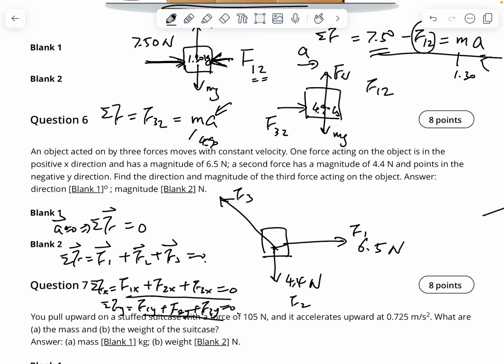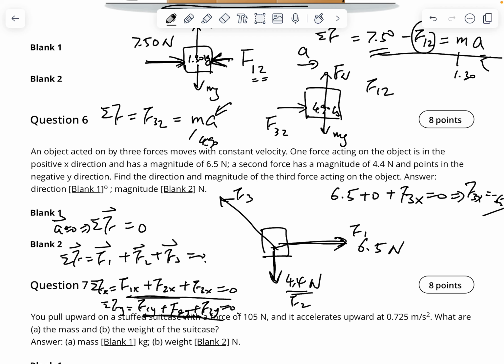From the first equation, F1 only has an x component, 6.5. F2x is 0, since F2 is on the y-axis, plus F3x is 0. So F3x equal to negative 6.5.